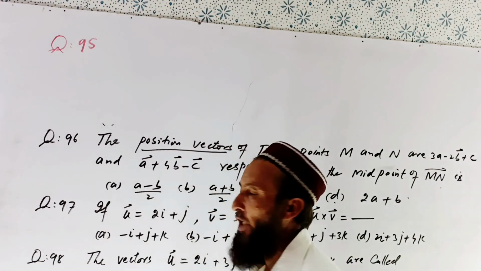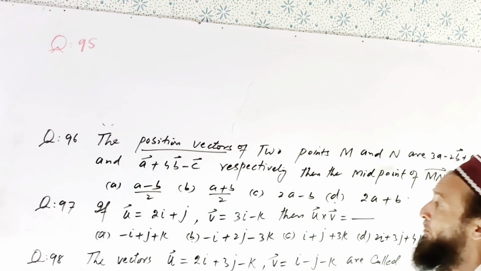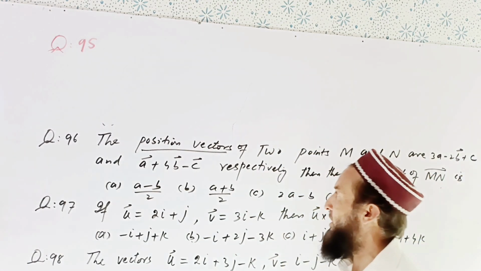The position vectors pass from the origin.